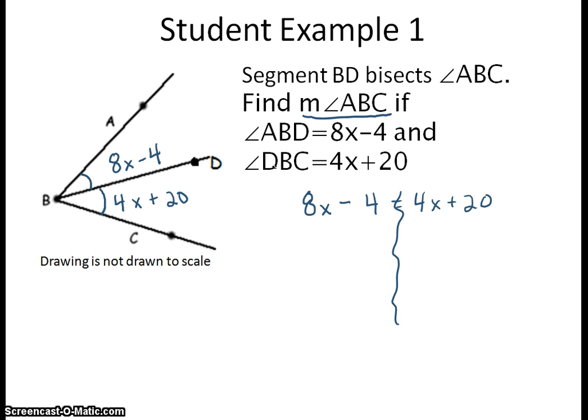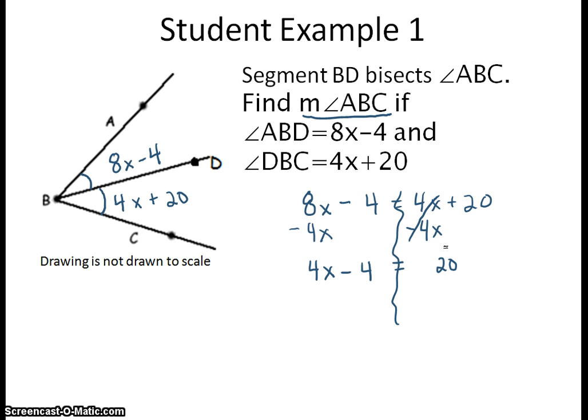Alright, so there's no like terms on this side, there's no like terms on this side, so I'm going to start with my smaller variable term, which is 4x. So I'm going to subtract 4x from both sides, makes this go away. I'm going to be left with 20 over here, and over here, 8x minus 4x is 4x, and this minus 4 can come straight down.